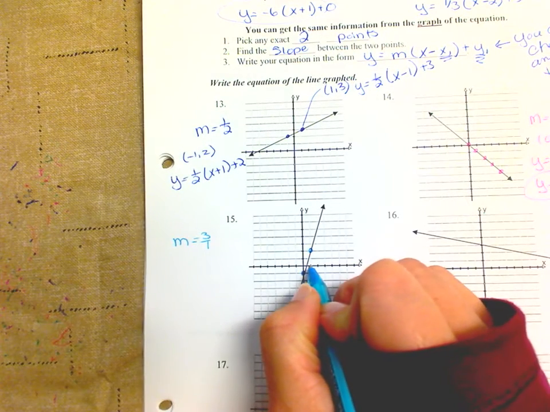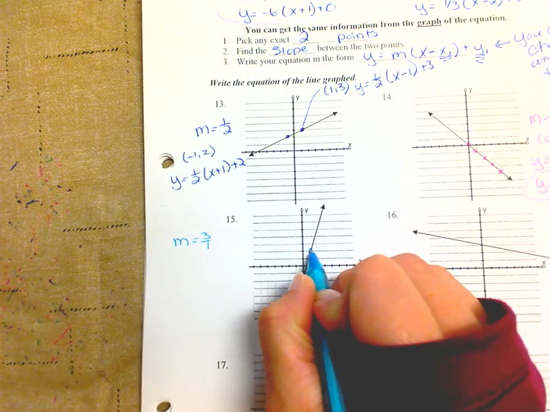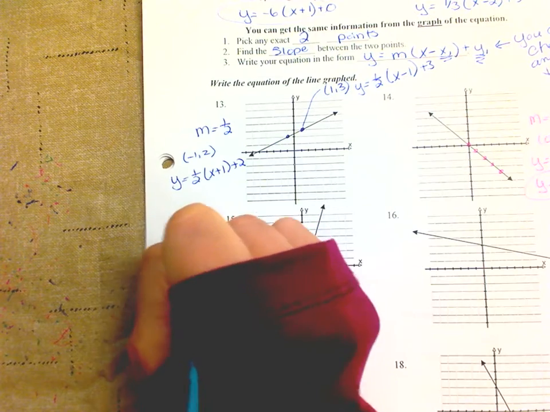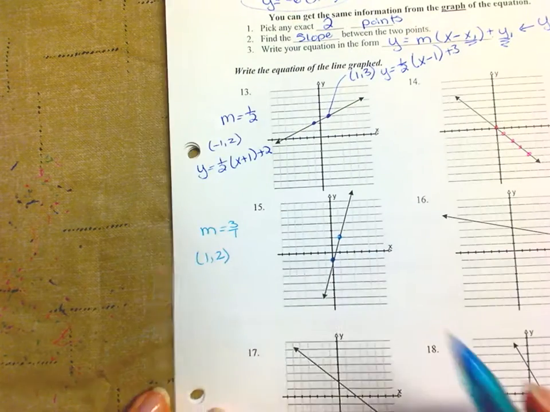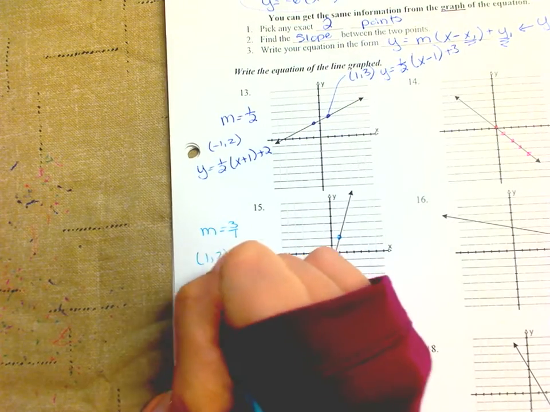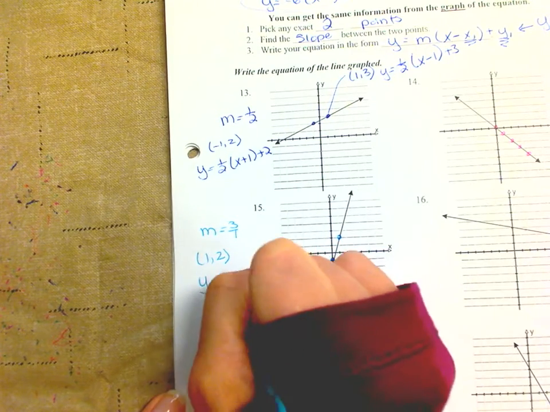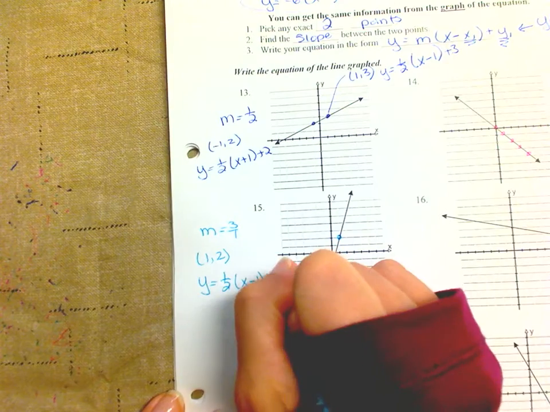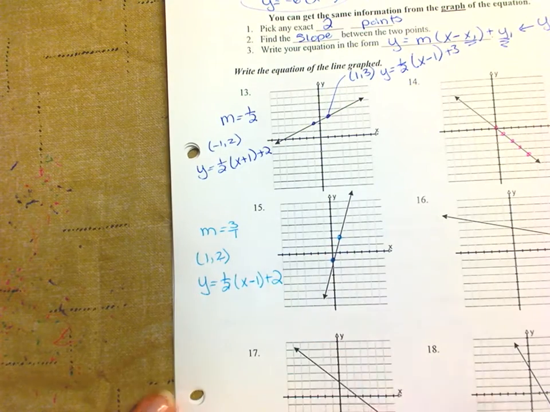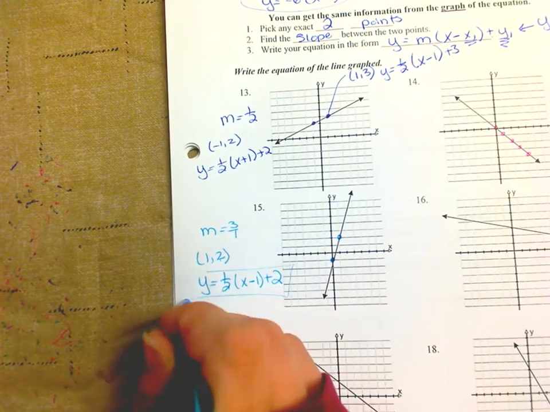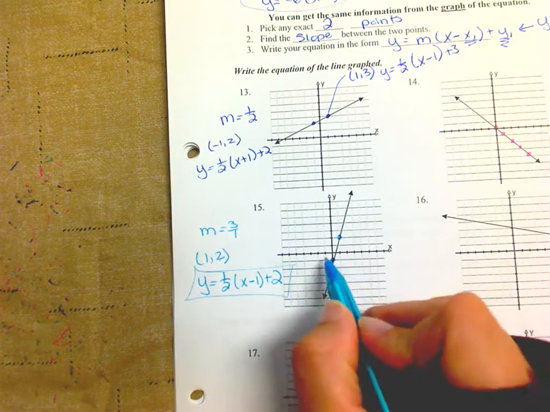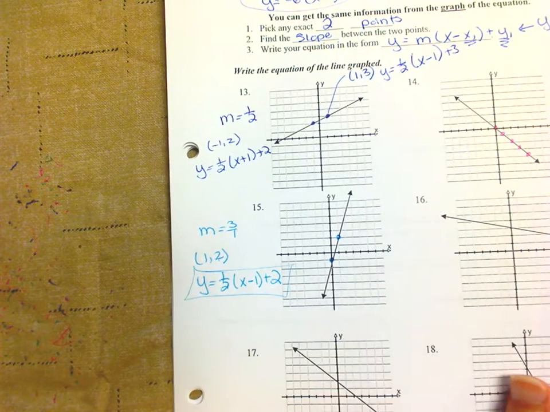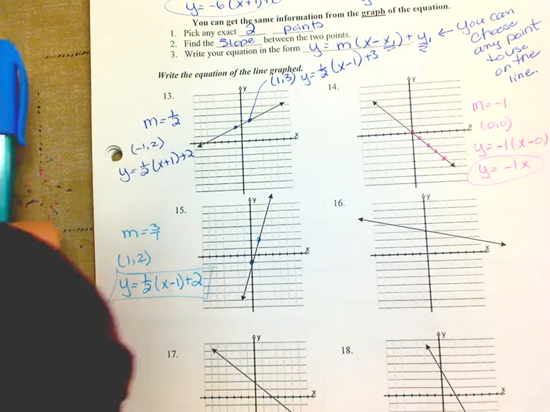I like positive numbers, so I'm going to use this one right here, which is over 1, up 2, so 1, 2. And if I plug into my formula, y equals the slope, x the opposite, so minus 1, and then your y1 is the same sign. We'll skip it. That's good. Number 16.